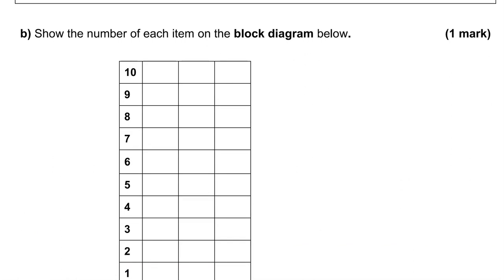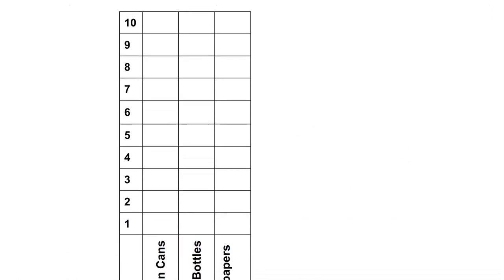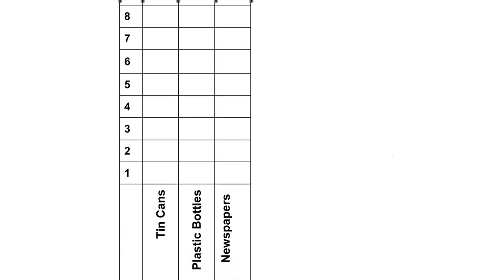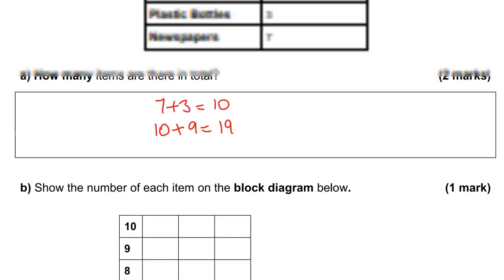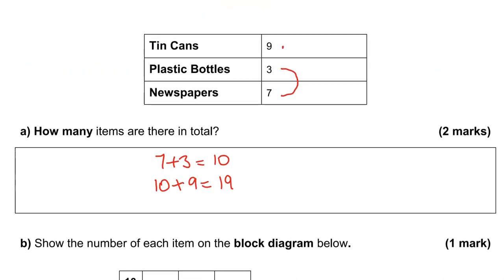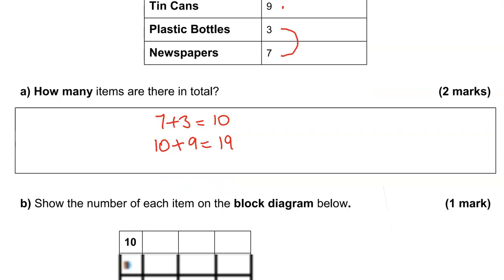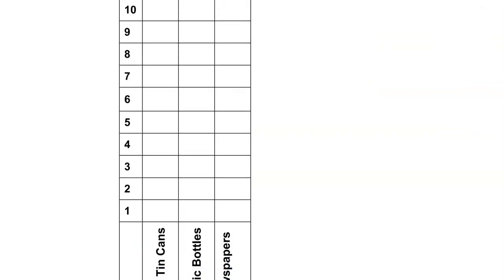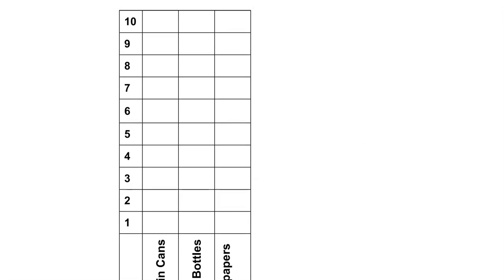Show the number of each item on the block diagram below. So we've got tin cans, plastic bottles and newspapers like we had here. So tin cans we've got 9. So we're going to need to shade 9 of these boxes.